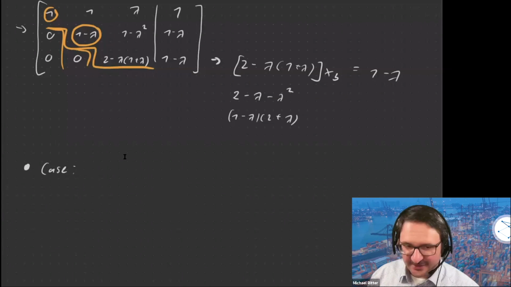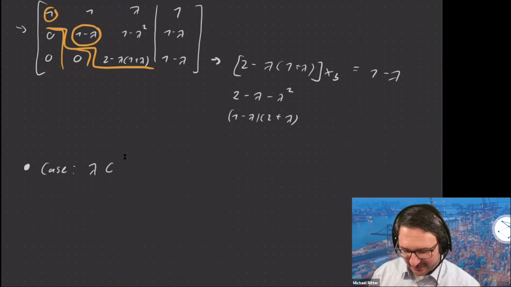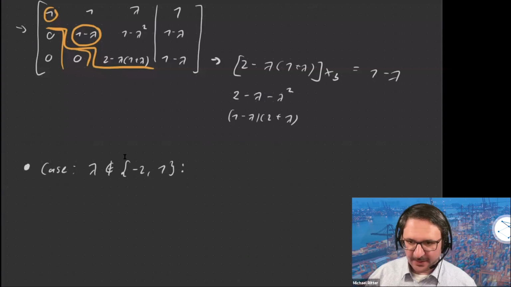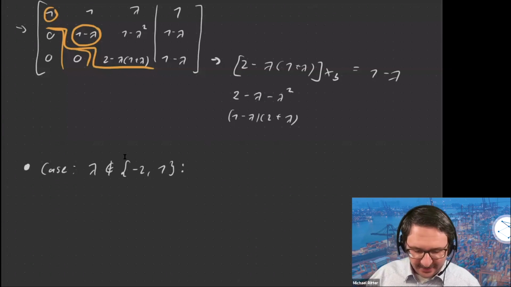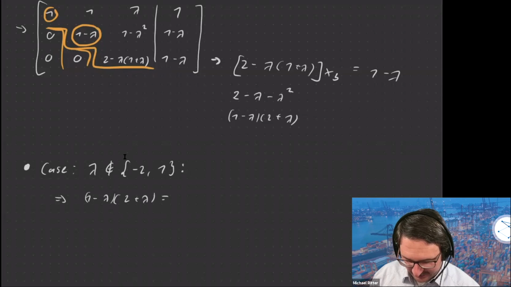Let's first do the easy case, and that is the one where we can divide. So that means lambda is not equal to minus 2 and also not equal to 1. In that case, we can divide by that expression. So 1 minus lambda times 2 plus lambda is not 0.